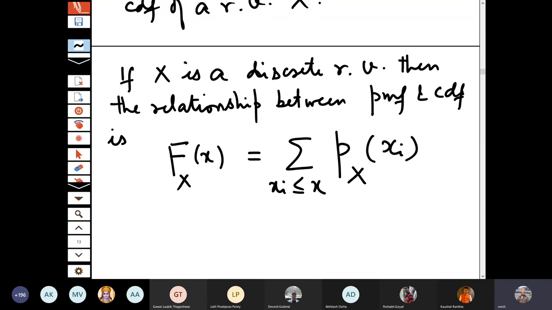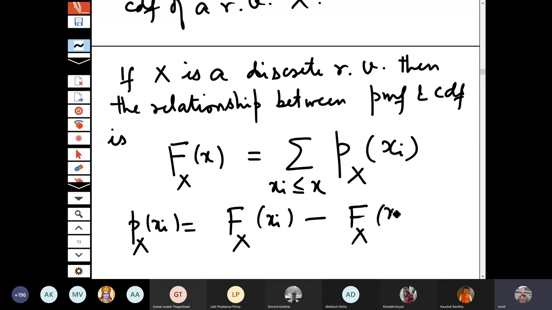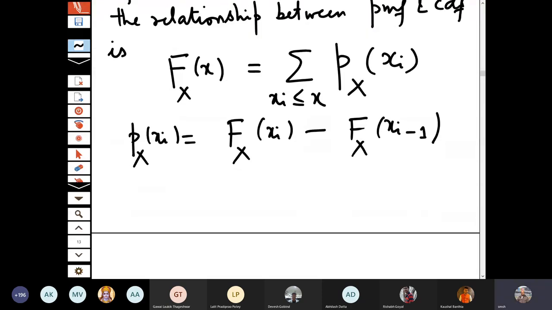That means we add the probability mass function over those values of x_i which are less than or equal to x. Conversely, if I am given the capital F, then I can determine the probability mass function also, and we can write p_X(x_i) is equal to F_X(x_i) minus F_X(x_{i-1}). This is the relation.